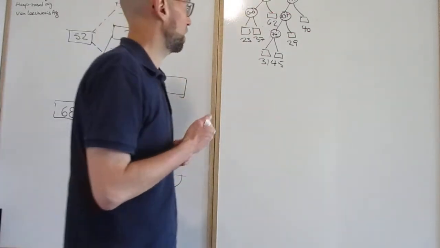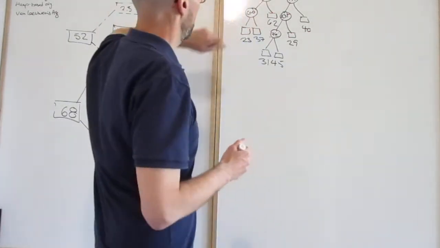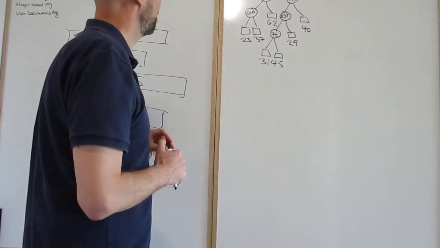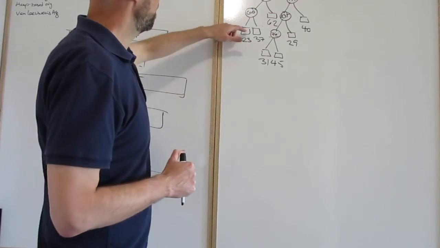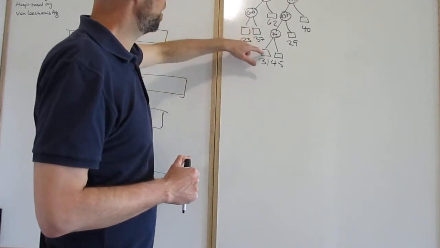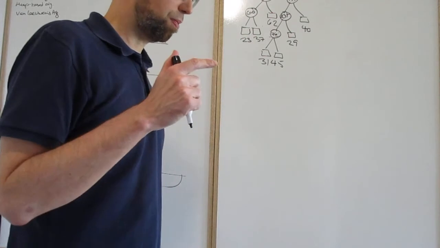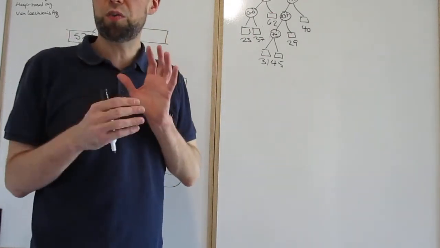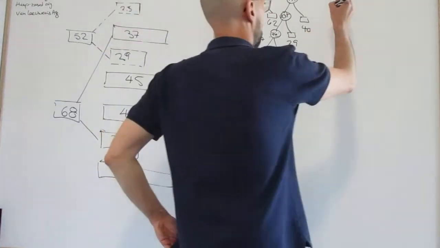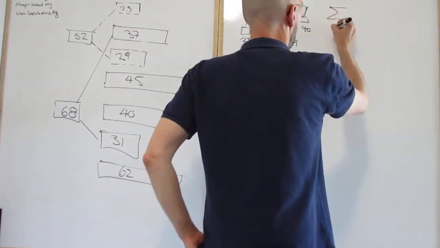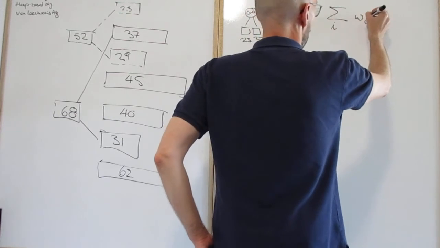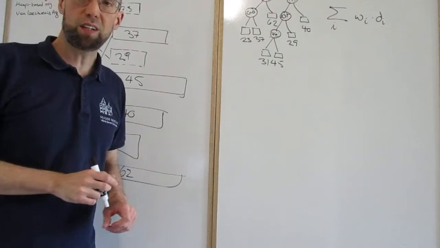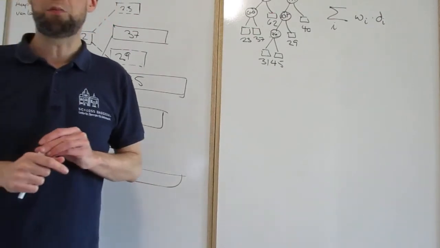So it's actually the total cost of this tree is the sum over the leaves, sum over i of Wi times di, where Wi is the weight of the leaf and di is its depth.